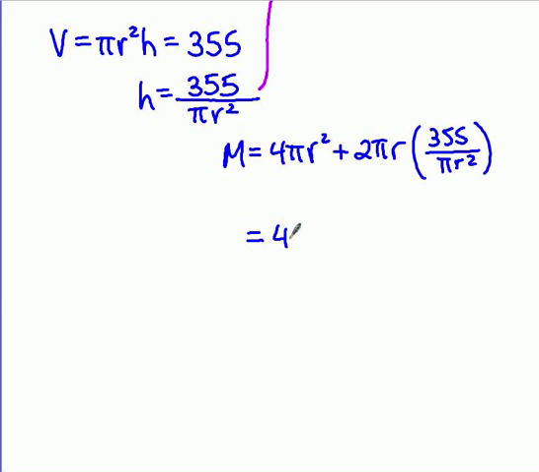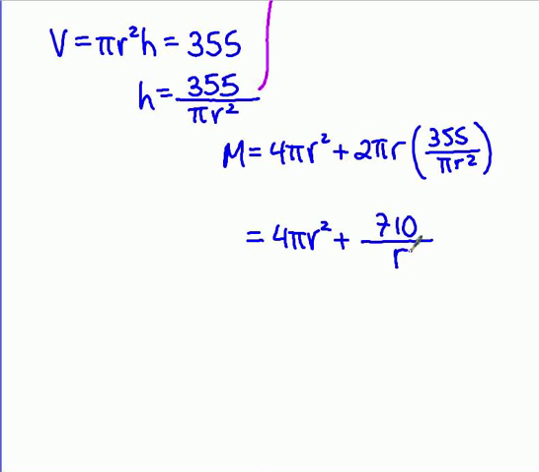And so I can make this 4 pi r squared. And I recognize here that 2 times 355 is 710. That'll go in the numerator. The pi cancels with that pi. This r cancels one of these r squared r's. And so we're left with M equals 4 pi r squared plus 710 over r.